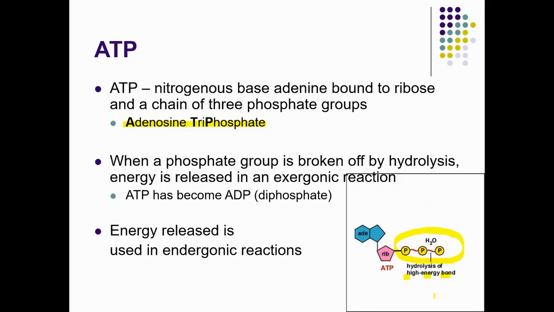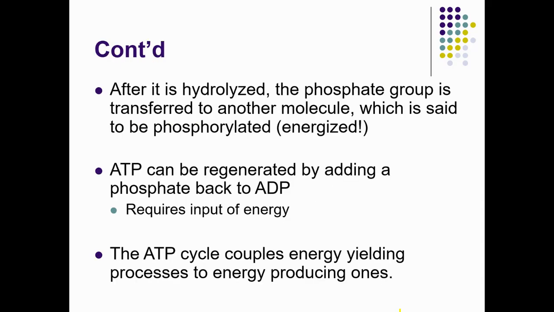And so ATP, we're going to look at the ATP cycle, and essentially we're going to break a phosphate and release energy, and then to store energy, we're going to add a phosphate back on. And so once that phosphate group is hydrolyzed, it's transferred to another molecule. We call that phosphorylation. We're actually going to see that term quite a bit in a future lesson, so just be prepared there.